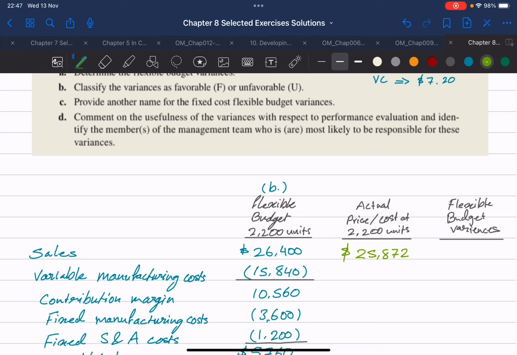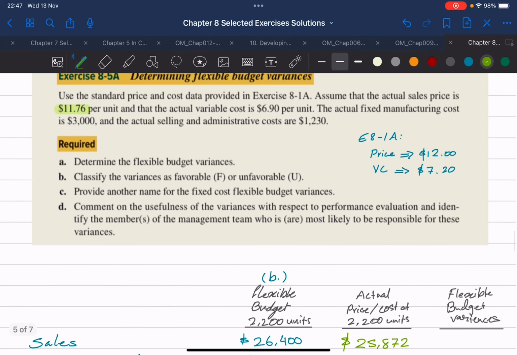For the variable manufacturing costs, we also have a new variable cost. The cost was down from $7.20 per unit to $6.90. So 2,200 multiplied by 6.90.